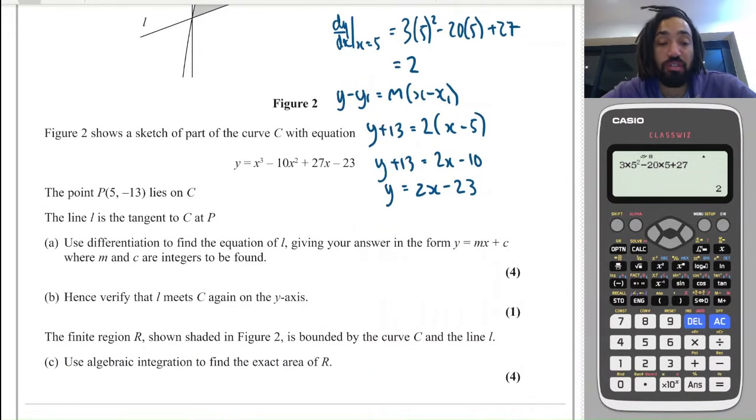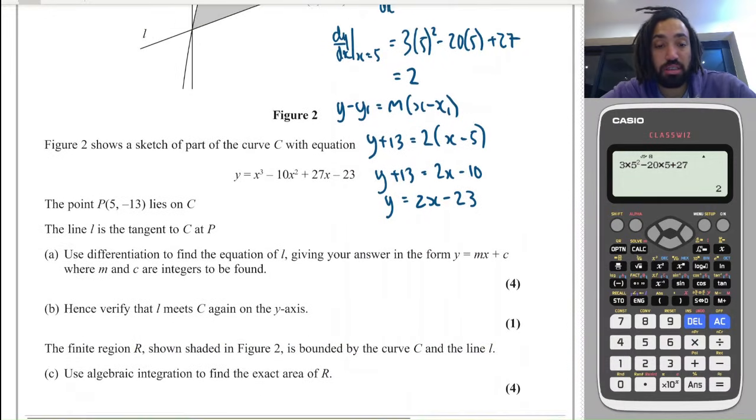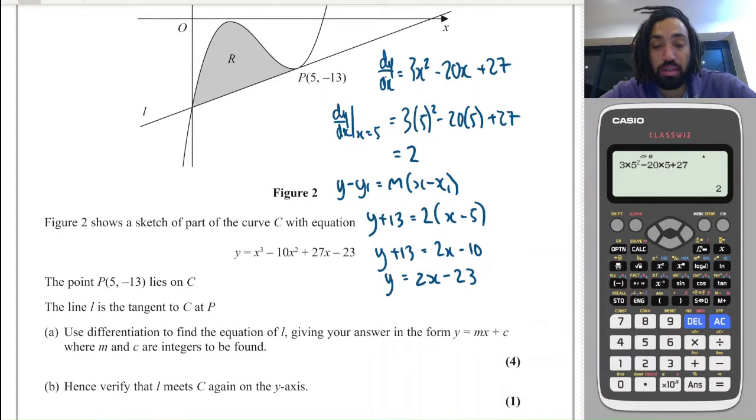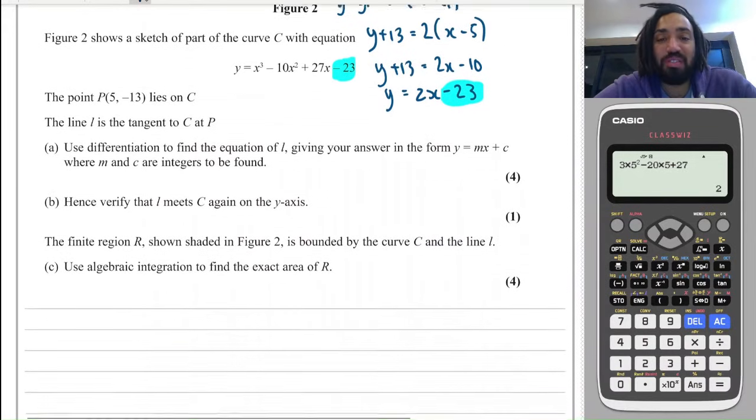It says, hence verify that L meets C again on the y-axis. Well, it's quite obvious because they both have the same intercept, but I'm not sure how to verify that.